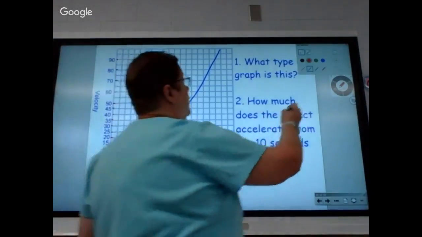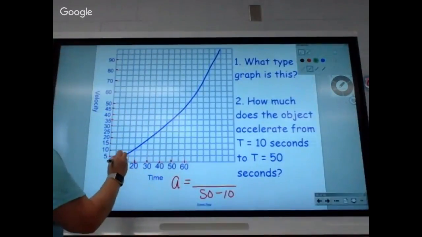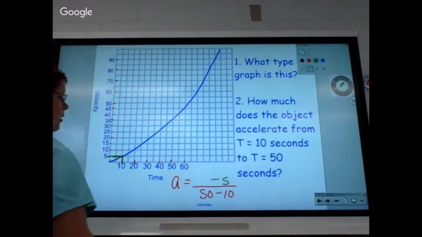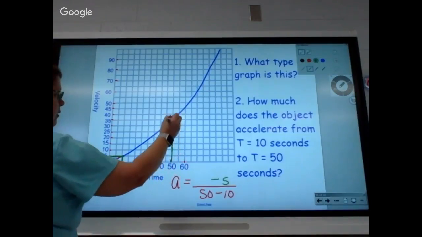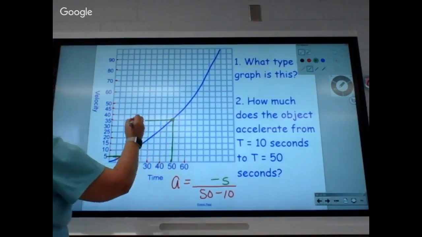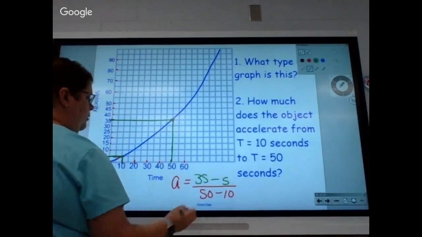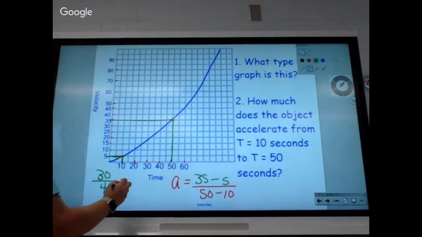Go to the graph and go over. 35. Find the 50. 35. Go over. And what do we have? 35 minus 5, which is 30, divided by 40. 0.75.